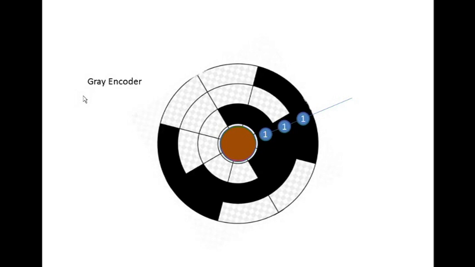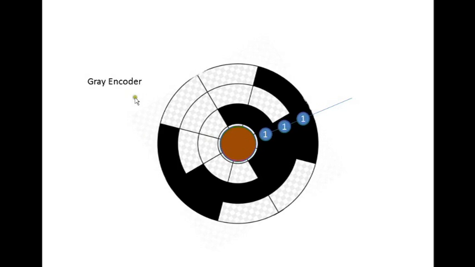So by using a grey encoded disk attached to our shaft, we are able to record the position of the shaft to within the appropriate number of degrees, and that's of course dependent on the number of bits that we use for our grey code. This is just a 3-bit grey code encoder, so therefore we can only represent angles between 45 degree changes in the shaft rotation.